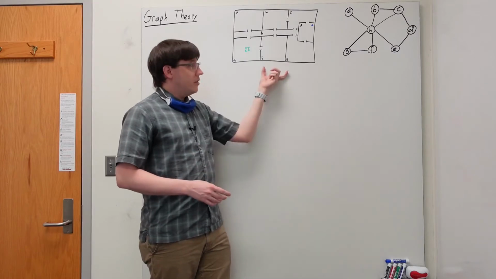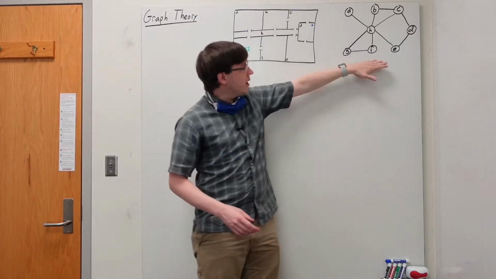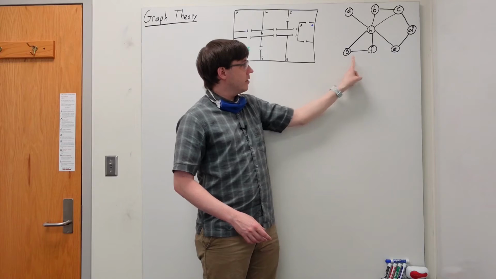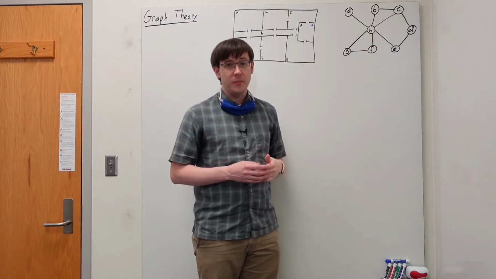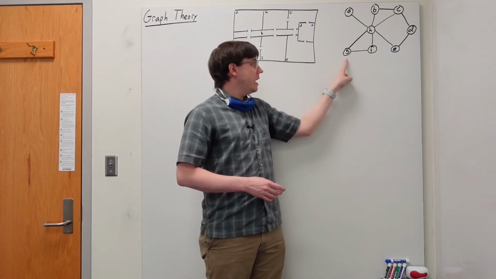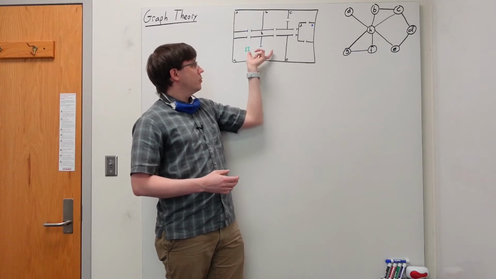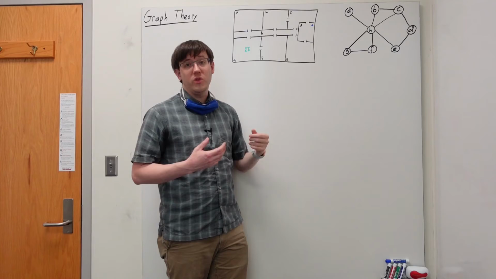And so this map of a small building can be represented by a graph made up of a vertex for each of the rooms in the floor plan, and an edge connecting two vertices if it is possible for the robot to move from one of those rooms to the other.